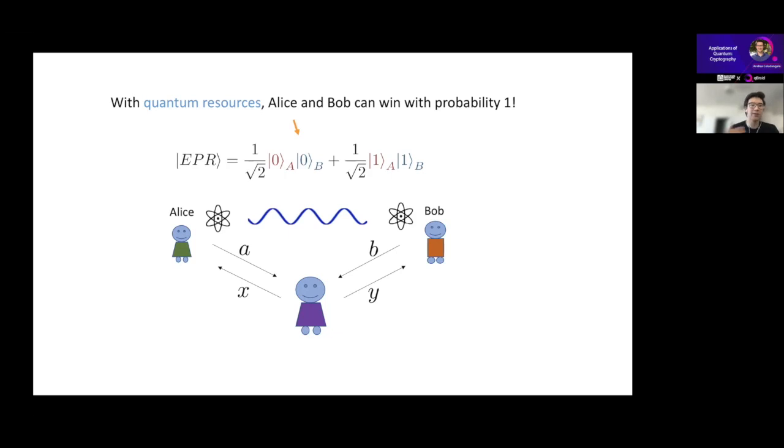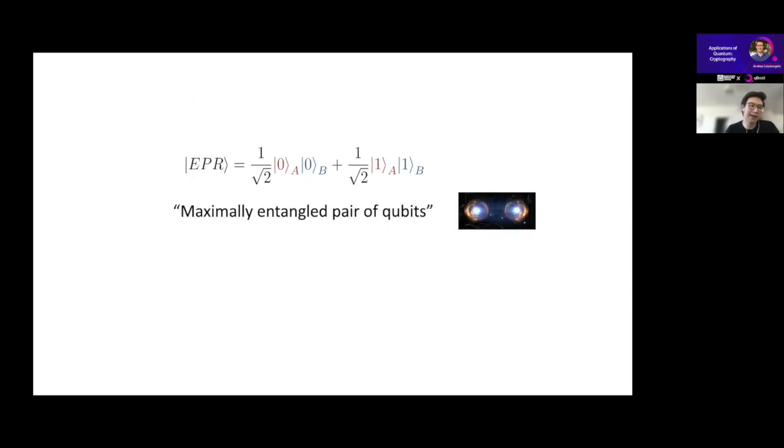Now, Alice and Bob can achieve this perfect winning probability by sharing a very special state, which is known as the EPR pair. So the EPR pair is a state of 2 qubits, which you should think of as one being held by Alice and the other by Bob. And so these 2 qubits are said to be maximally entangled.